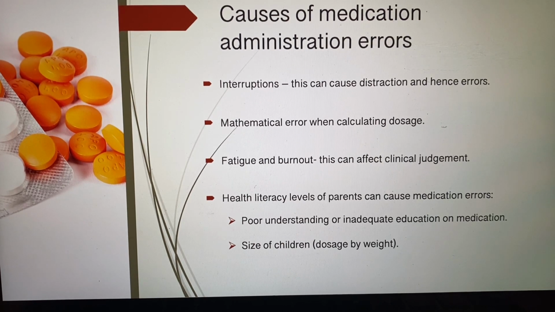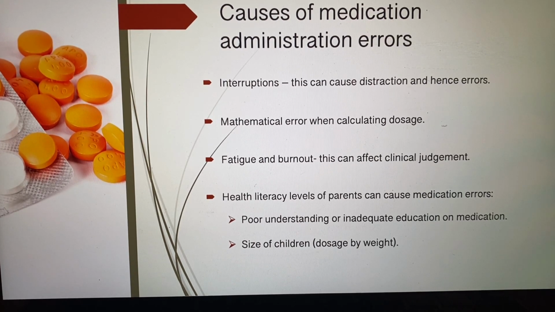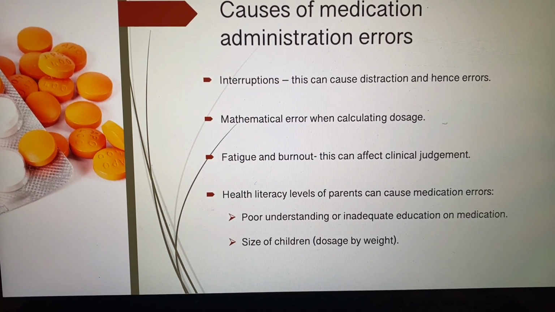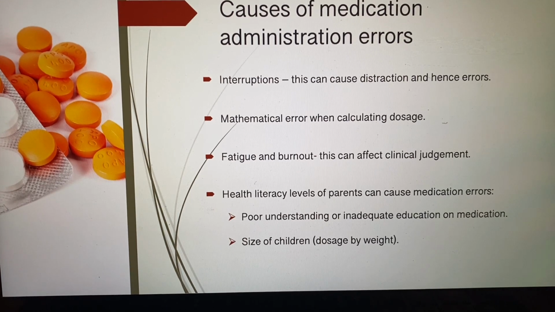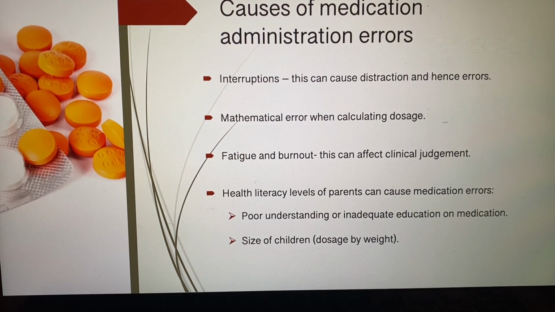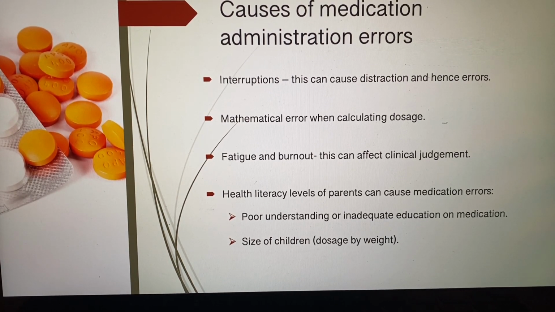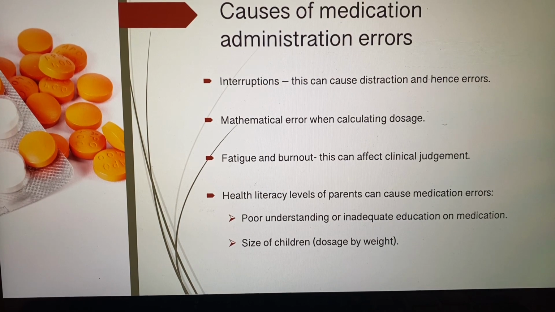This can be from poor education or inadequate understanding of the medication that is being given. To prevent errors, caregivers and patients need education on dosage by weight because pediatric medication is calculated based on the weight of the patient.